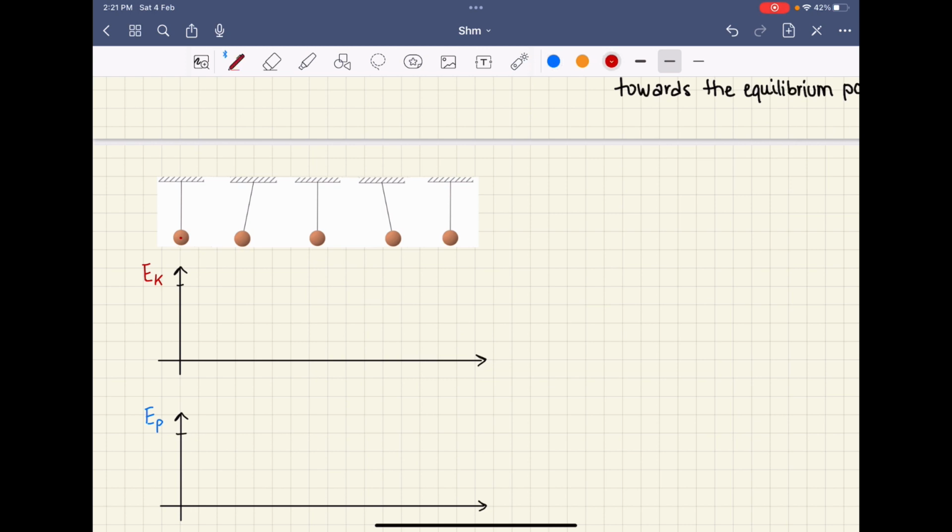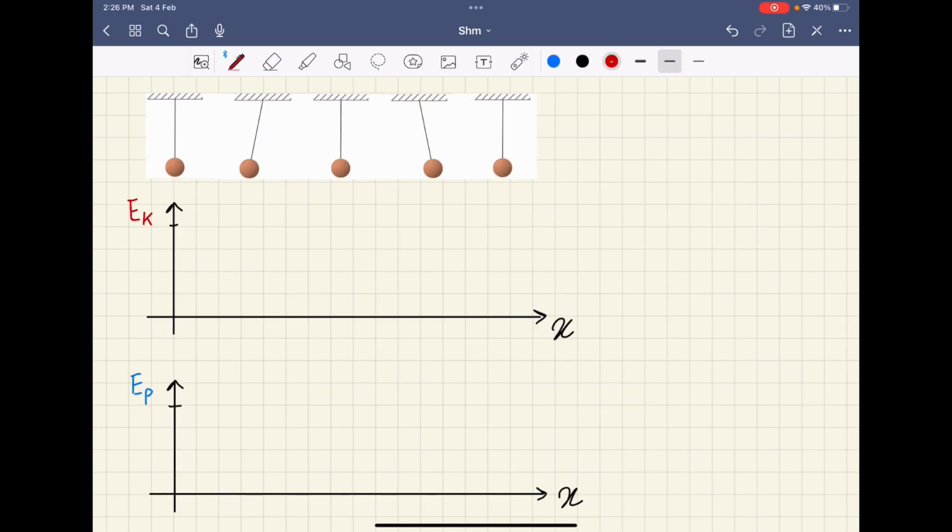Starting with the kinetic energy. Note that the variation of the energies is with respect to displacement. Okay, so our x-axis is the displacement. Every time we're passing a maximum displacement, the kinetic energy would be 0 because we will have maximum potential. And every time we pass back through equilibrium, this is the point where the system should have the maximum velocity in order to be able to oscillate to the other side.